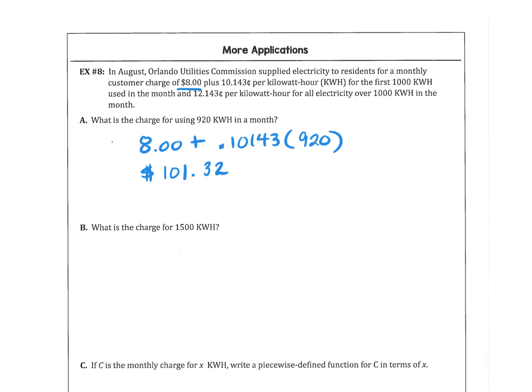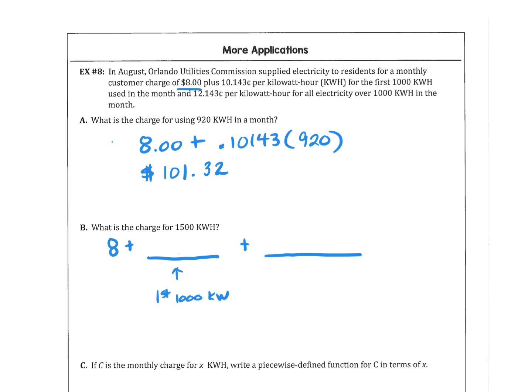So now, what do we charge for 1,500 kilowatt hours? This one is a base charge of $8, right? Plus, and plus. Why did I just do plus and plus? 1,500 kilowatt hours means we use 1,000 kilowatts first, don't we? So we have to figure out what the first 1,000 is going to cost us, right?